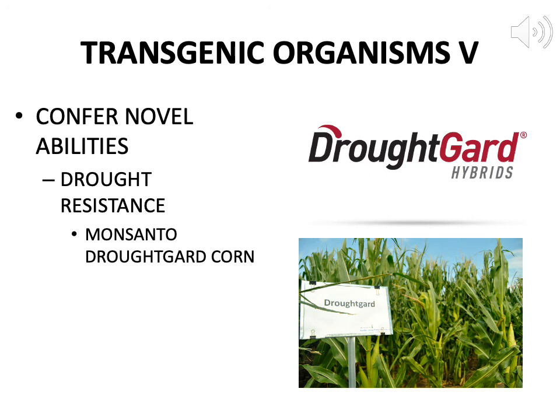So if we could create a transgenic variety of corn that might be a little bit more resistant to drought, that might be a good thing. So a company called Monsanto is now promoting a genetically modified variety of corn called DroughtGard corn for that very same reason.